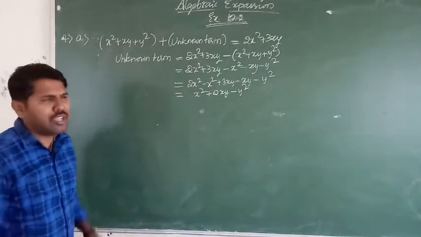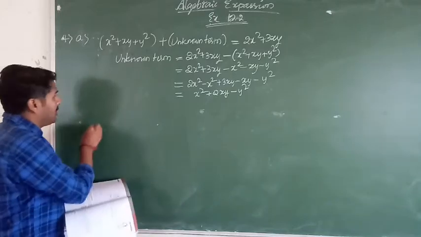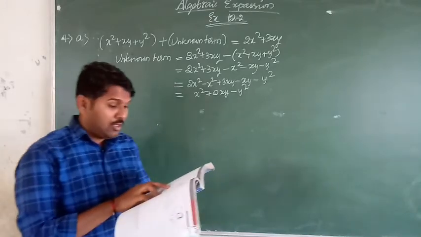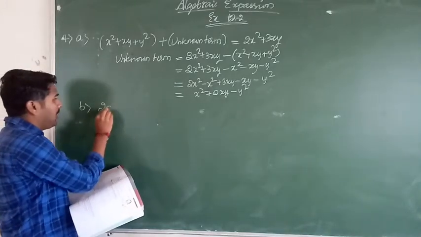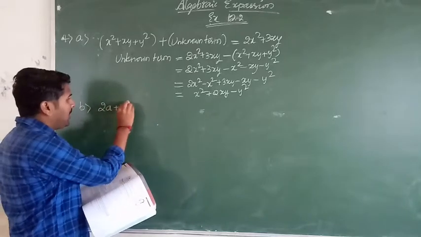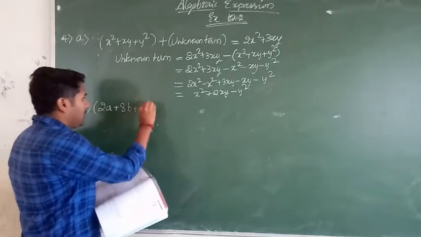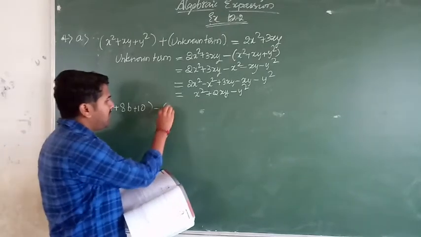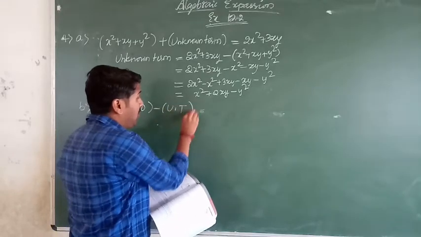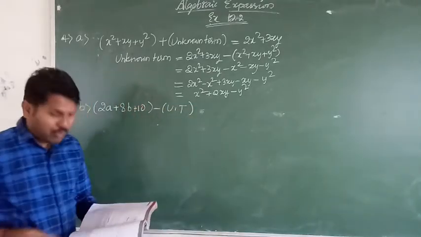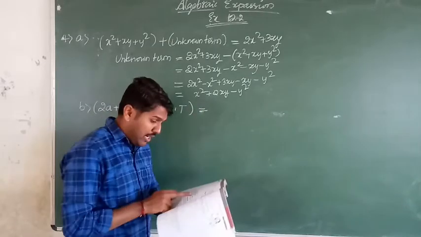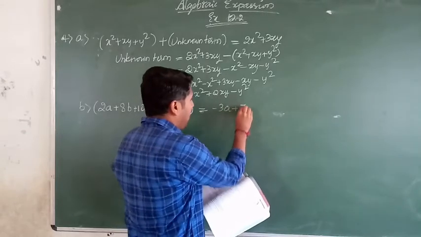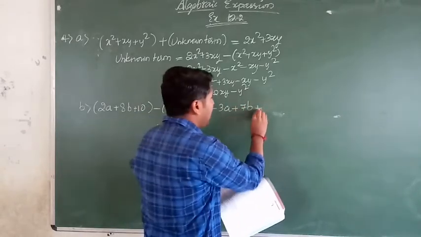Okay, so second one. What should be subtracted from 2a plus 8b plus 10 to get minus 3a plus 7b plus 16? From means first write down the term 2a plus 8b plus 10. Subtract the unknown term. To get what they have already given, minus 3a plus 7b plus 16.